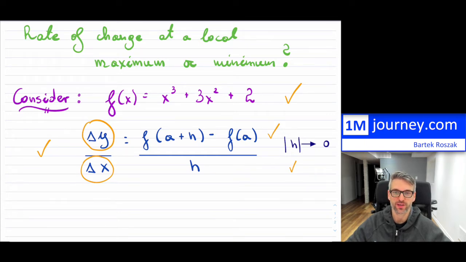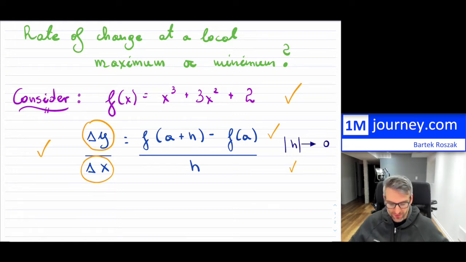We obviously have to know where these maximums or minimums are happening. We can do that in many different ways. One of them is to graph this function and see what happens.